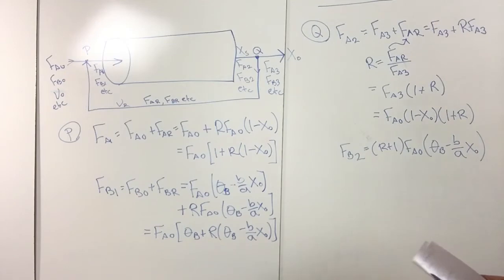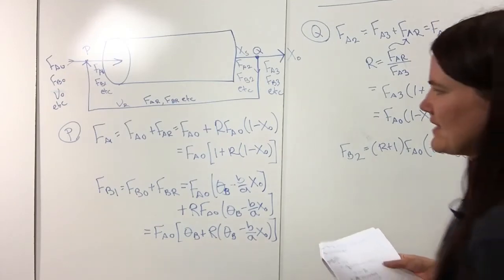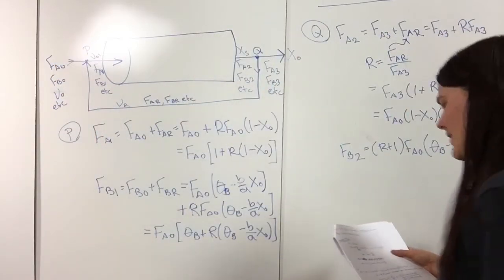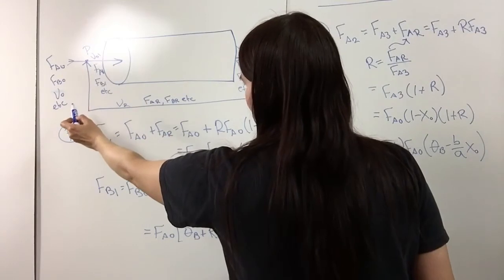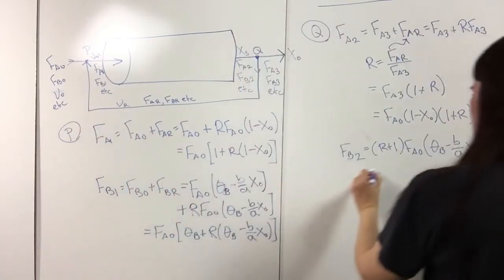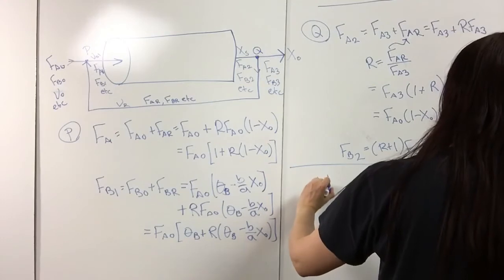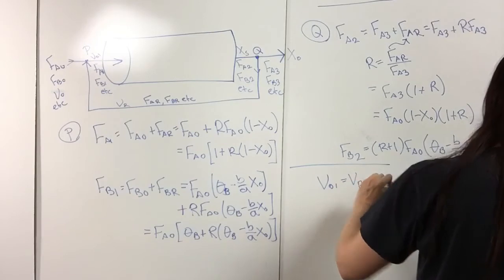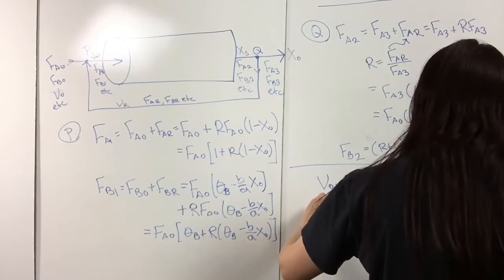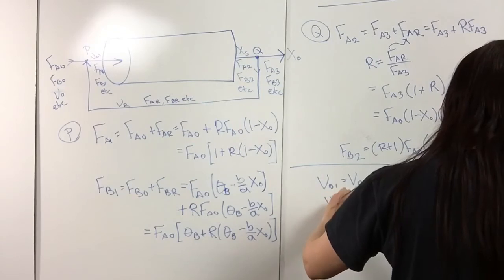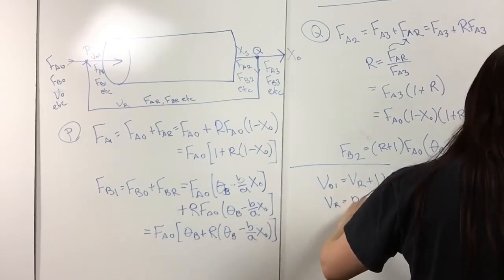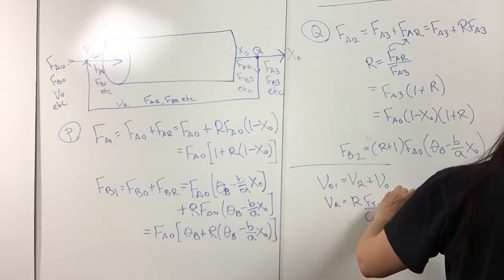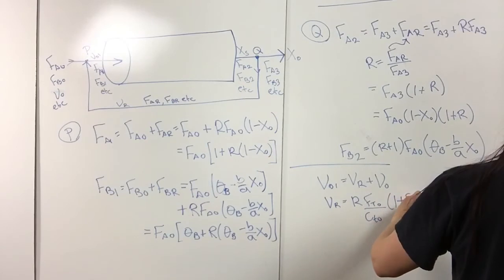The next thing we want to do is relate the molar flow rates. So I'm going to go ahead and put V naught 1 right there. So then we know that this V naught 1 is equal to V naught plus VR. So V naught 1 is equal to VR plus V naught. And VR is equal to R Ft naught over Ct naught 1 plus epsilon naught X naught.